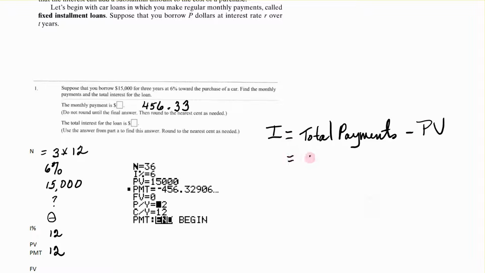So you paid $456.33 per month for 36 months. That will get your total payments, and we will subtract from that $15,000. Your home screen of your calculator will do this for you.